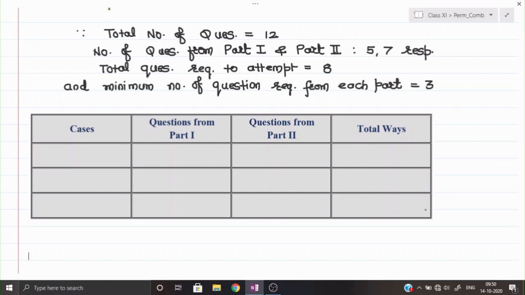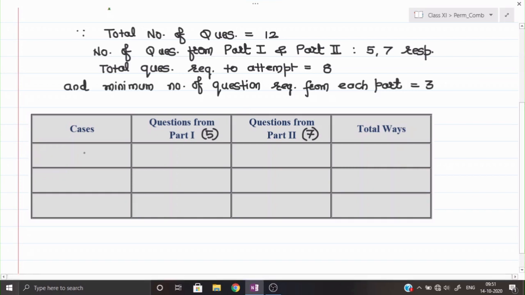Now see how we can select. In part 1 total 5 questions are given, so more than 5 I cannot select. Similarly in part 2 total 7 questions, so more than 7 I cannot take. And the total number of questions should be 8, that cannot go more than 8.